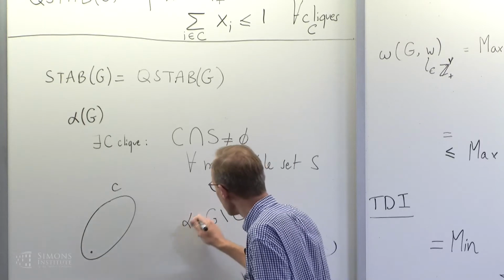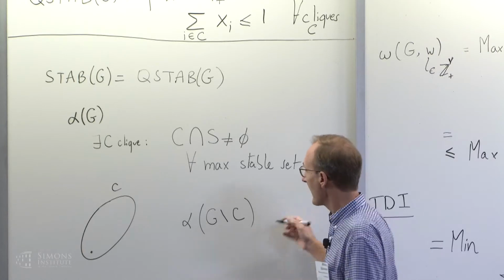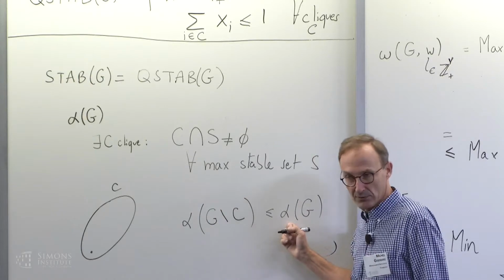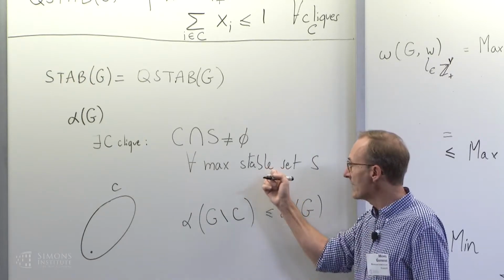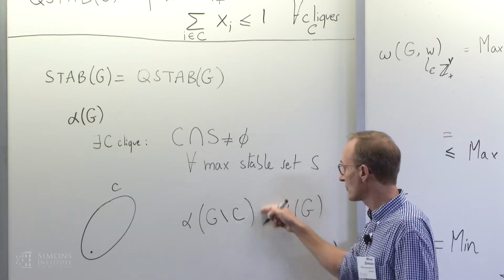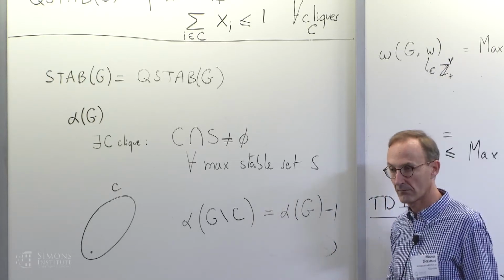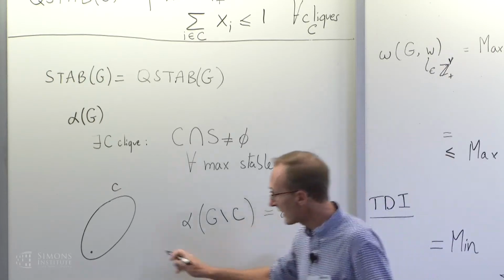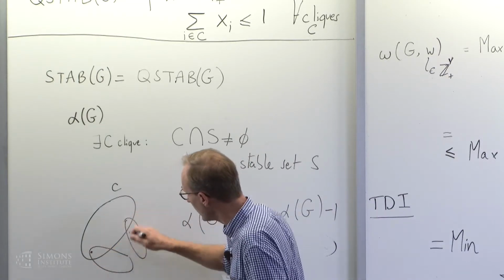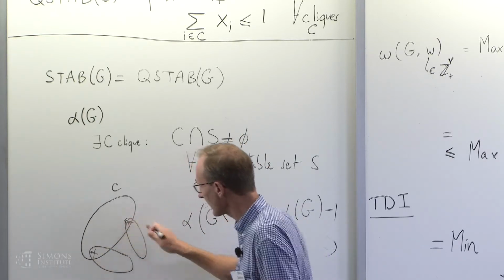How will the stability number of that graph be? It's going to be at most the stability number of G, but it cannot be equal to that, because every maximum stable set intersects my clique. So if I delete my clique, I lose at least 1.